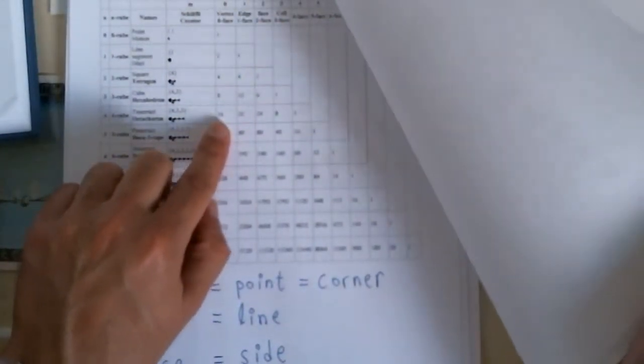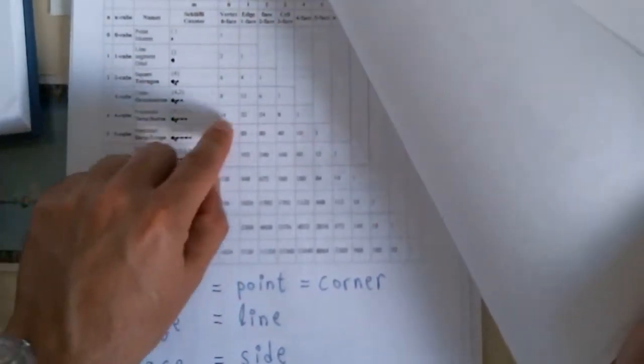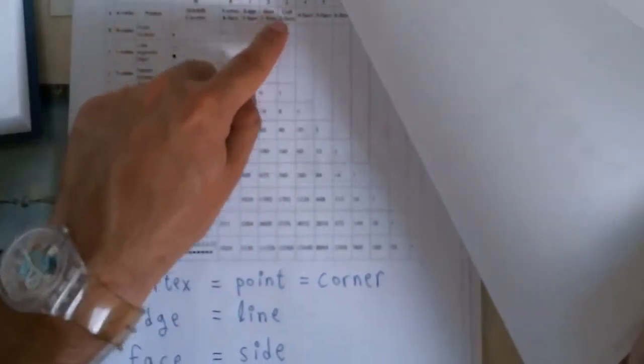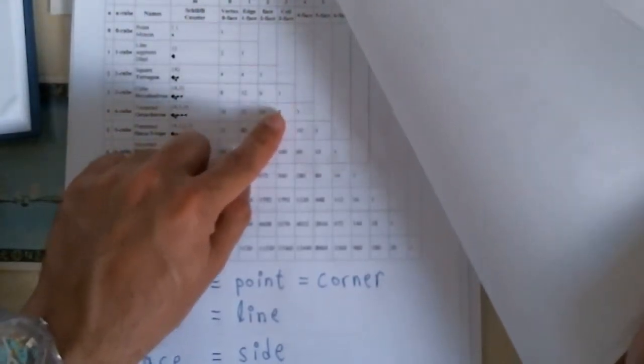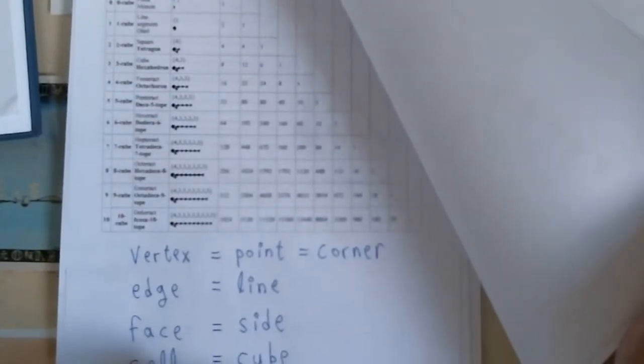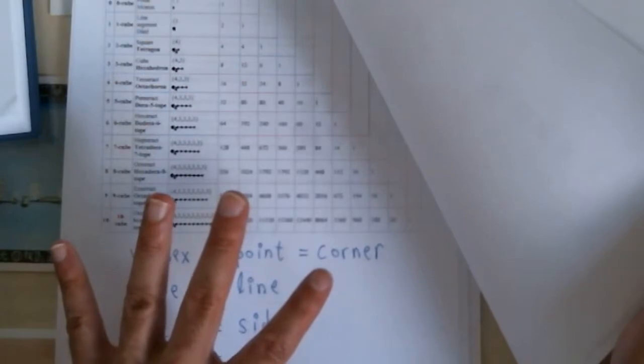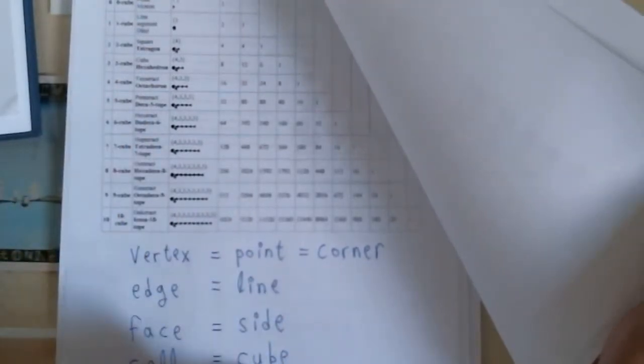This is the 16 points, and 8 3-dimensional sides, which we called cells or cubes. Okay, it has 8 cubes. In a 4-dimensional cube, in a hypercube, we have 8 cubes.